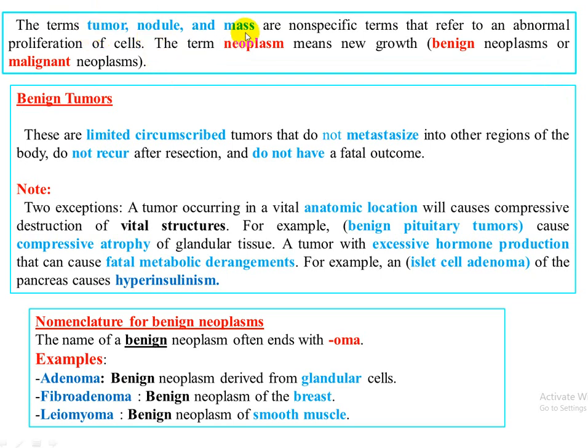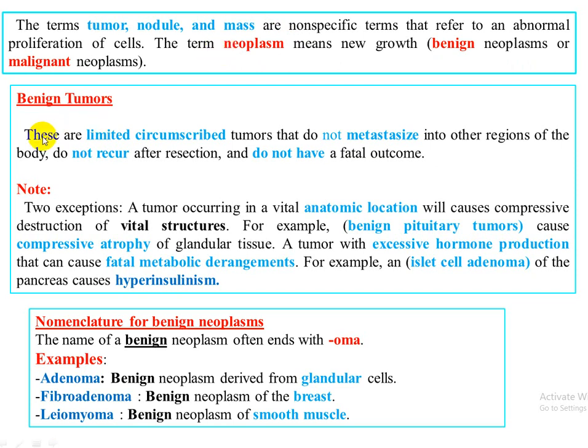It is not restricted to description of neoplasm, but may refer to any abnormal swelling in the body, while the term neoplasm refers only to neoplastic abnormal growth, and may be a benign neoplasm or a malignant neoplasm.